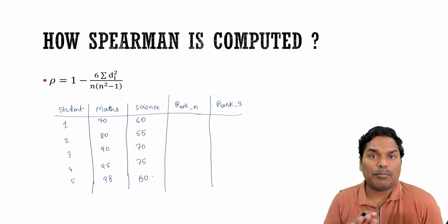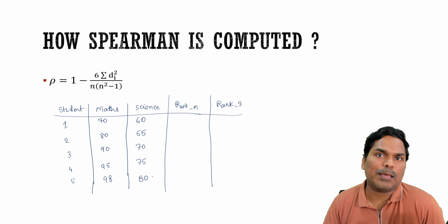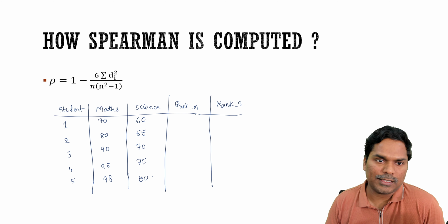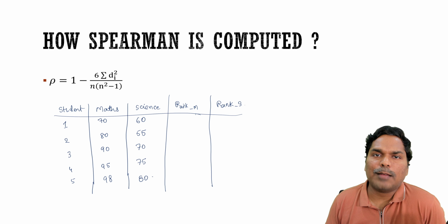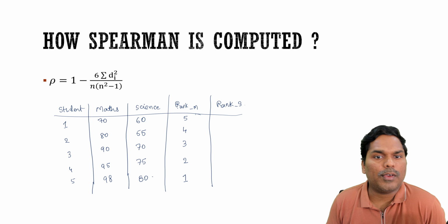Either way is fine, but please maintain the same rank measure in both cases. So in this case, I'm taking the highest as rank 1. So 98 is the highest for math, then 95 is second, then 90 is the third, 80 is fourth, 70 is fifth.